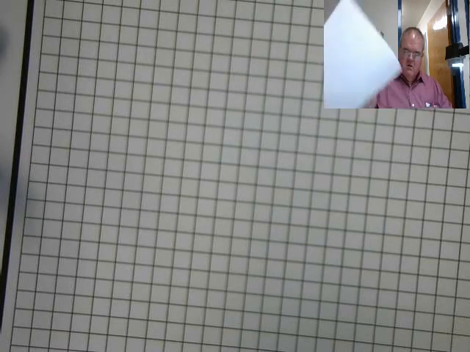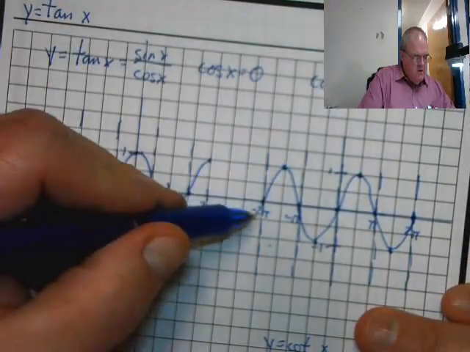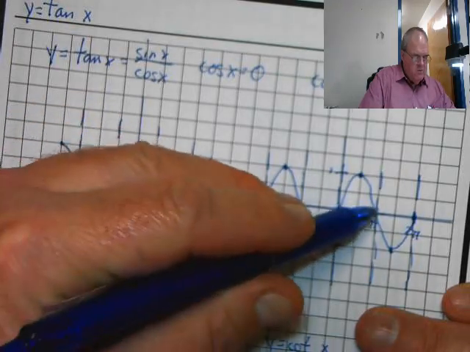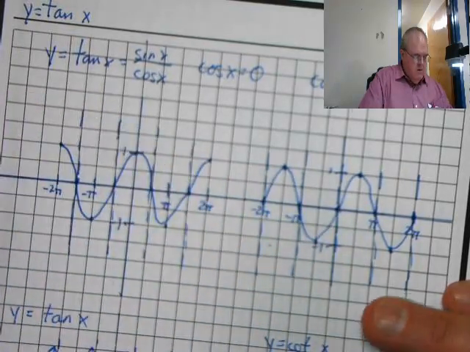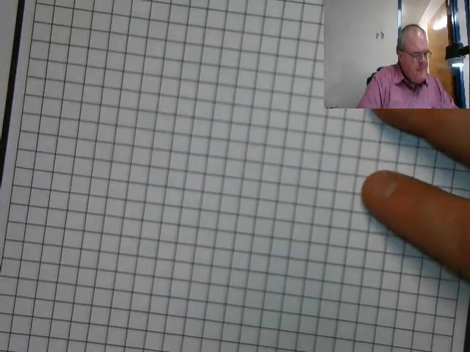So, if you remember from the original graph that we did, we said that cotangent goes between 0 and pi. Okay, so when we're looking at this, we're going from 0 to pi.